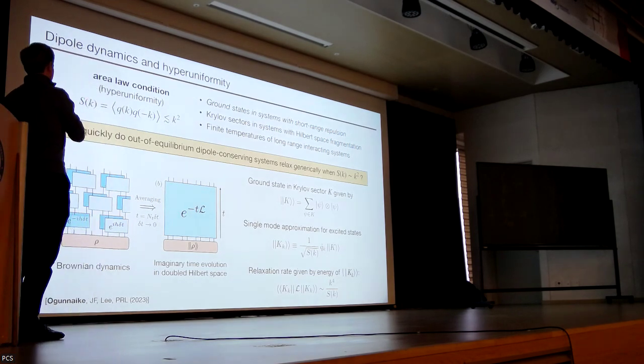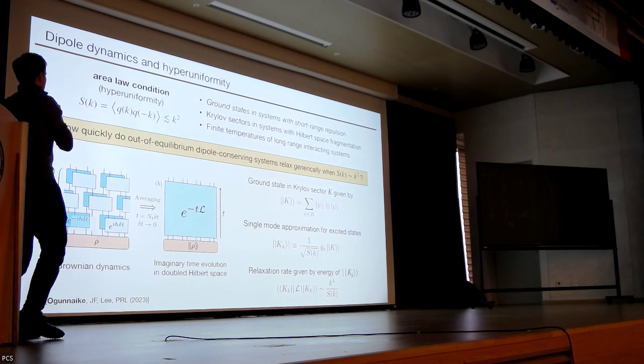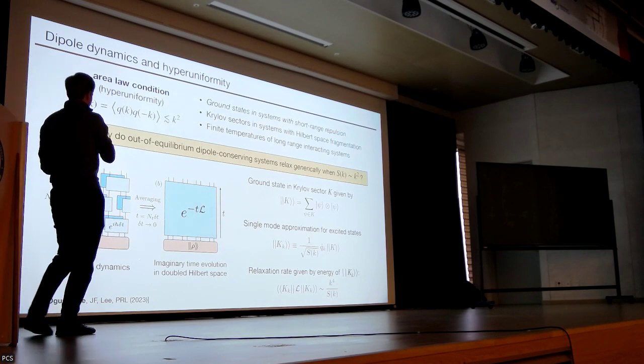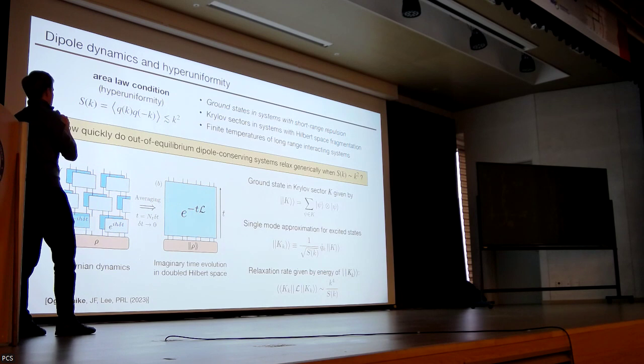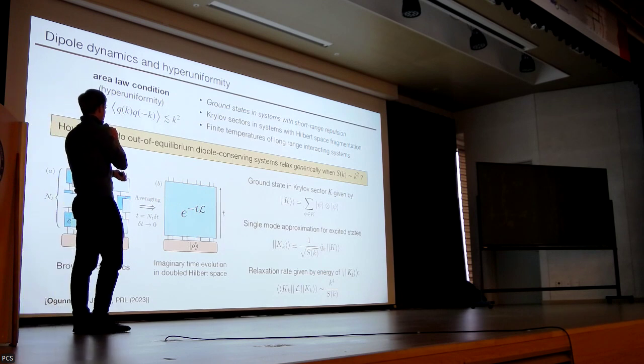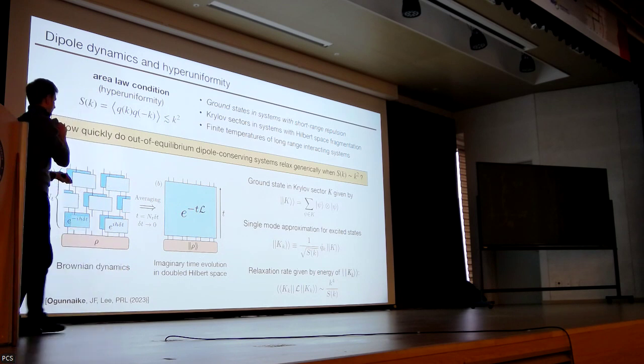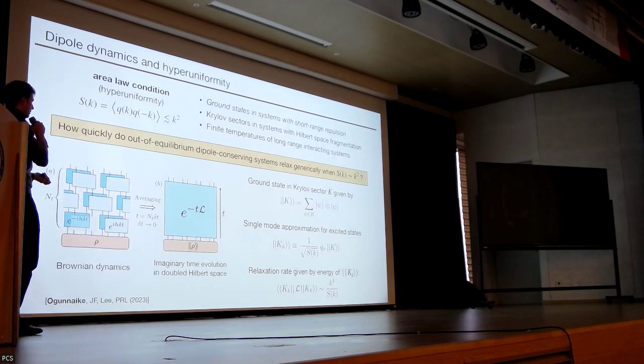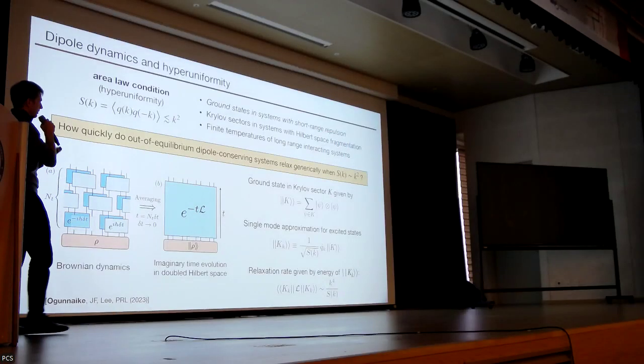And then what one can do is map this process, upon averaging over these random Hamiltonians, to a setup where we evolve the density matrix as a quantum state in a double Hilbert space via some imaginary time evolution towards its ground state.